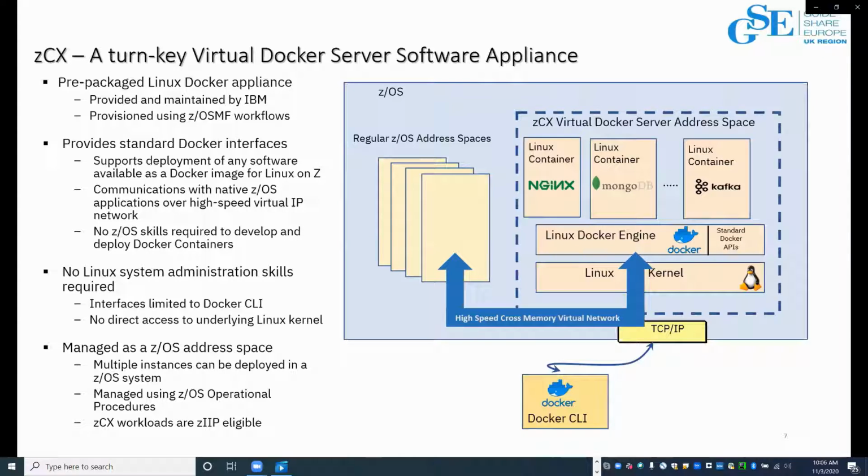And one final piece, which we'll be discussing in more detail on subsequent charts: a lot of the processing to access the zCX Docker containers, as well as processing within the zCX address space, is eligible to run on zIIPs. So zCX is another piece added to the z/OS equation.